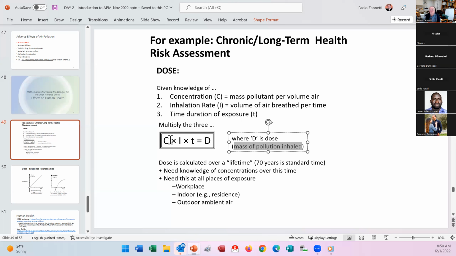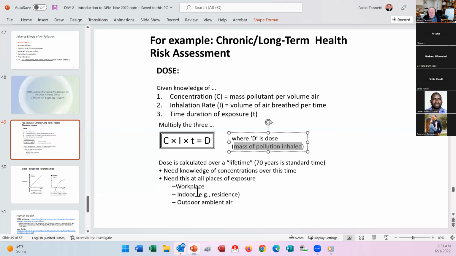So you must take care of all these things: exposure, inhalation, different sources, and develop a final dose, the mass of pollution inhaled, and know which one is caused by emission A, by company B, and by different sources.